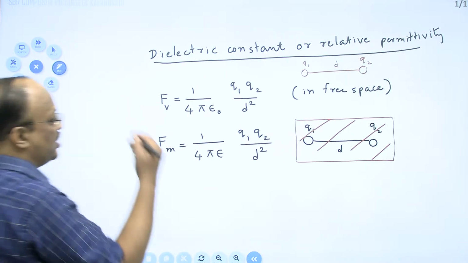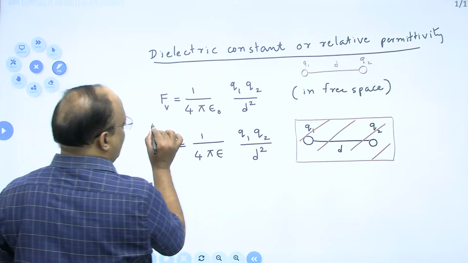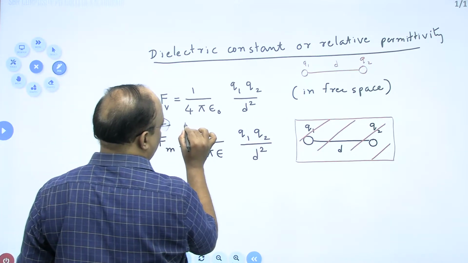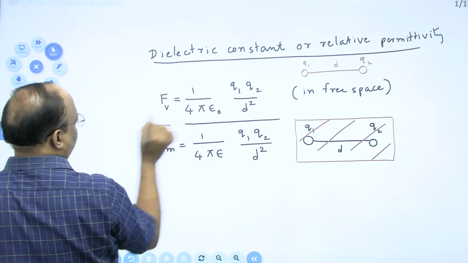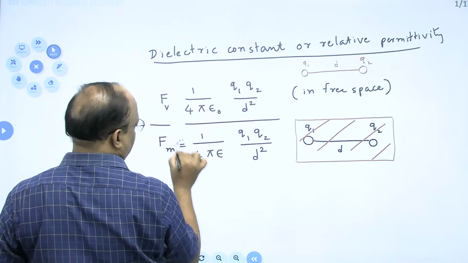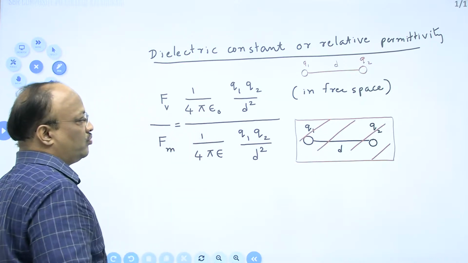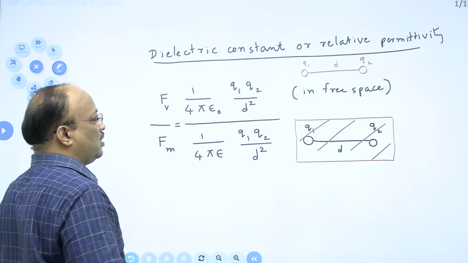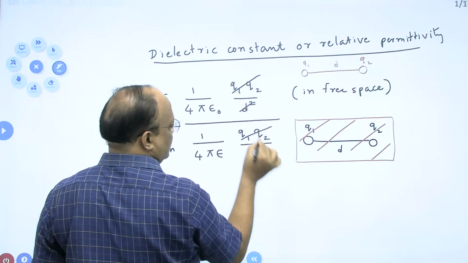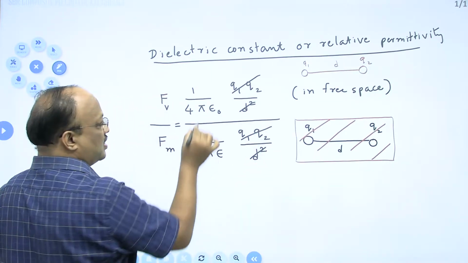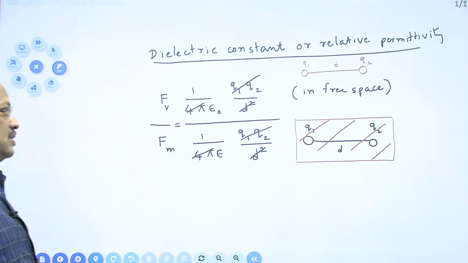If you take the ratio of these two, when we divide these two, q1 q2 get cancelled, this d square gets cancelled, this 4 pi and this 4 pi get cancelled.